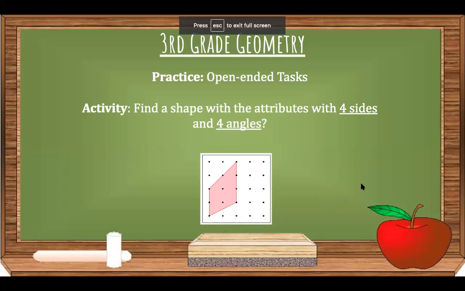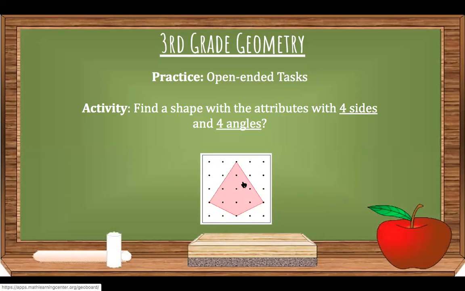So now, let's start with an open-ended task. I want you to find a shape with 4 sides and 4 angles. And I've added a little technology here to help support your thinking. You click on the link to try to figure out what shape has 4 sides and 4 angles.